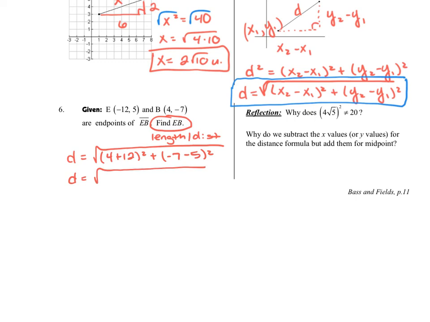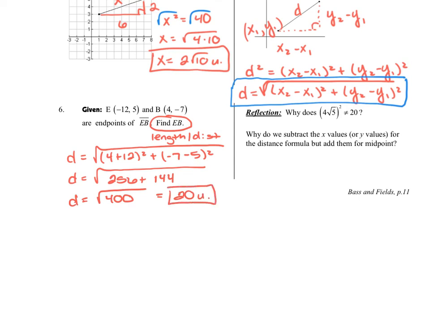So 4 plus 12 is 16, and then I'm going to square that. That gives me 256. Negative 7 minus 5 is negative 12, and when I square it, it becomes positive. So I have 144. So my distance is going to be the square root of 400, which turns out to be a nice perfect square of 20 units then.